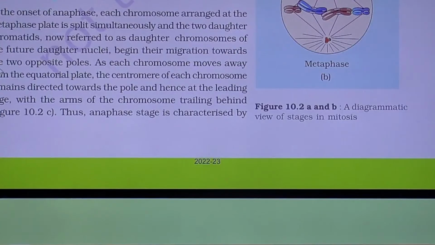In metaphase the chromosomes are in the equatorial line, we know that, but in anaphase they simultaneously split into two daughter chromosomes. If there are two daughters, then two daughter nuclei will be present during migration. They move to the opposite poles. Then how it moves, we will see.